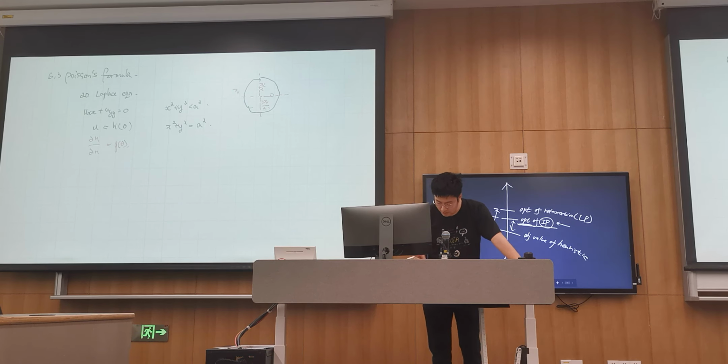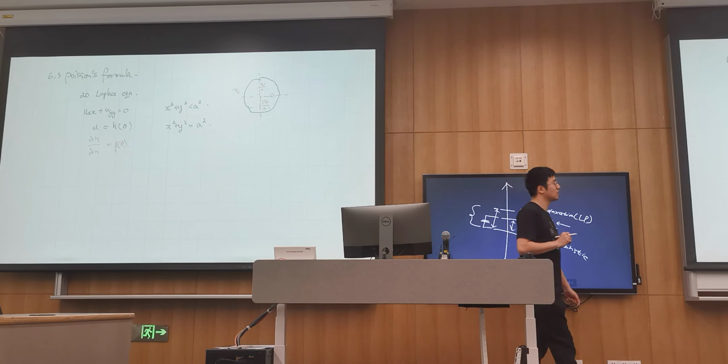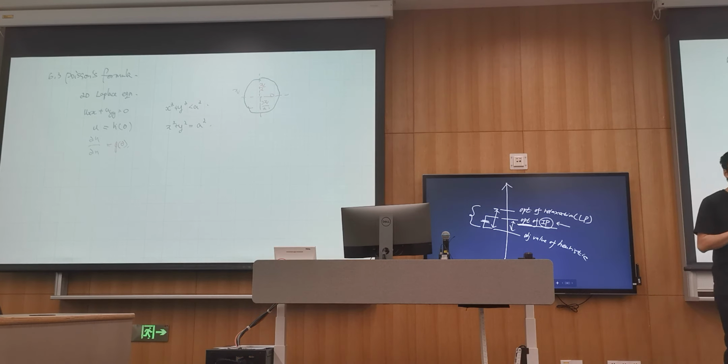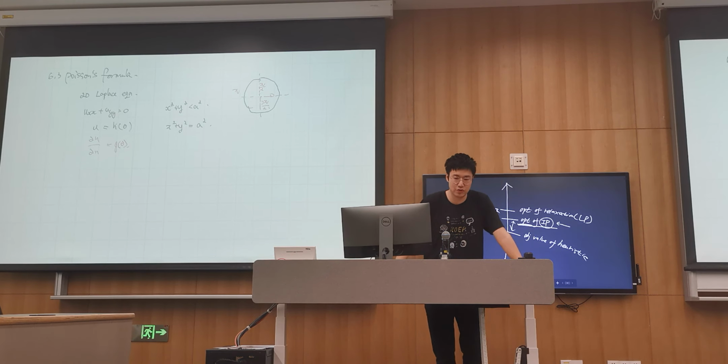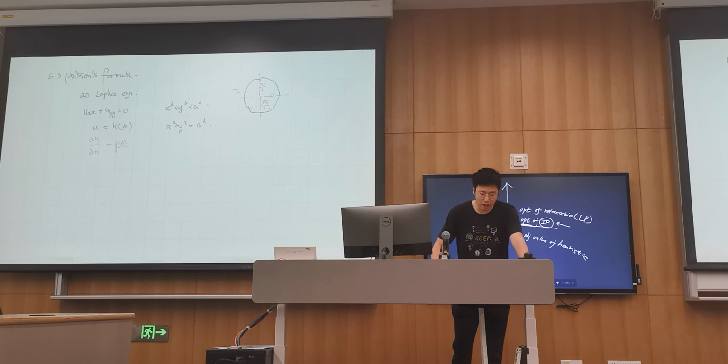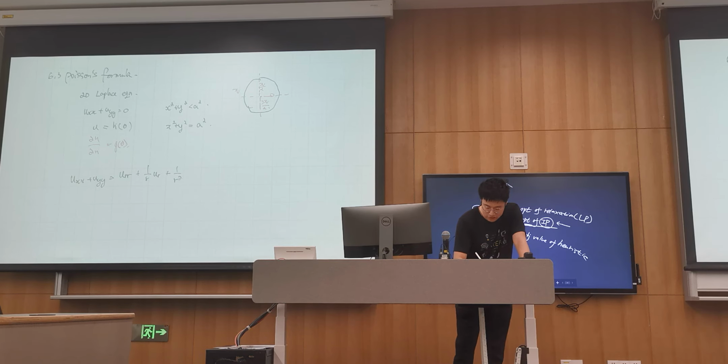Our method to do this is that since the boundary itself is a circle, it reminds us to utilize our knowledge of the polar coordinates. If we are able to first rewrite everything in polar coordinates, don't forget that under the polar coordinate, u_xx plus u_yy exactly equals u_rr plus 1 over r u_r plus 1 over r squared u_theta theta.